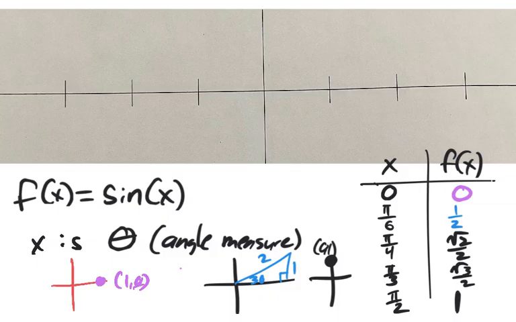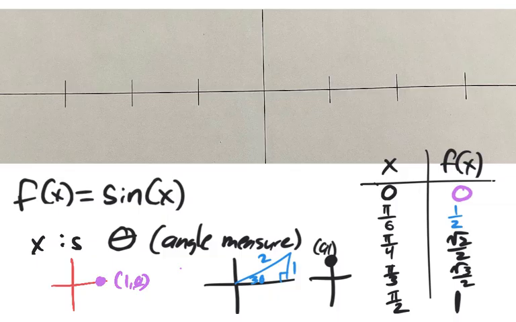So I go all the way from 0 to 1. So really, between 0 and pi over 2, I rotated 1/4 of a full revolution, right? That's 1/4, and here's the next quarter, and the next one, and the next one. Well, what happened in this 1/4? We went from 0 to pi over 2 on the x-axis, and we went from 0 to 1 on the f of x, or the y-axis.